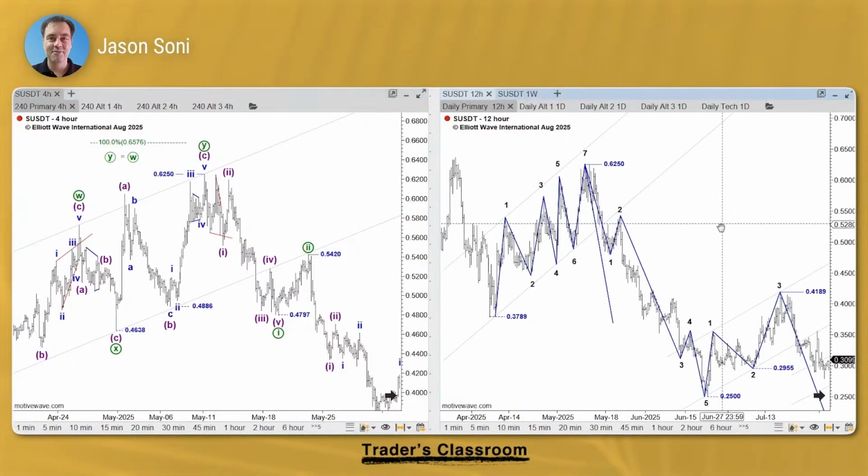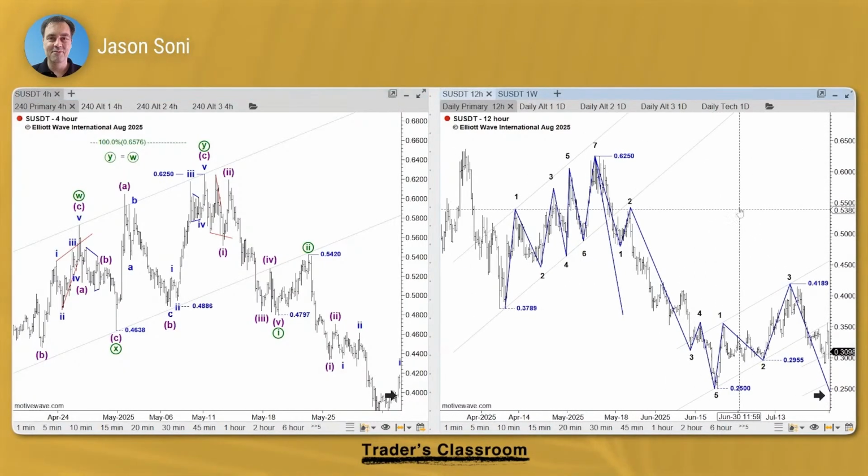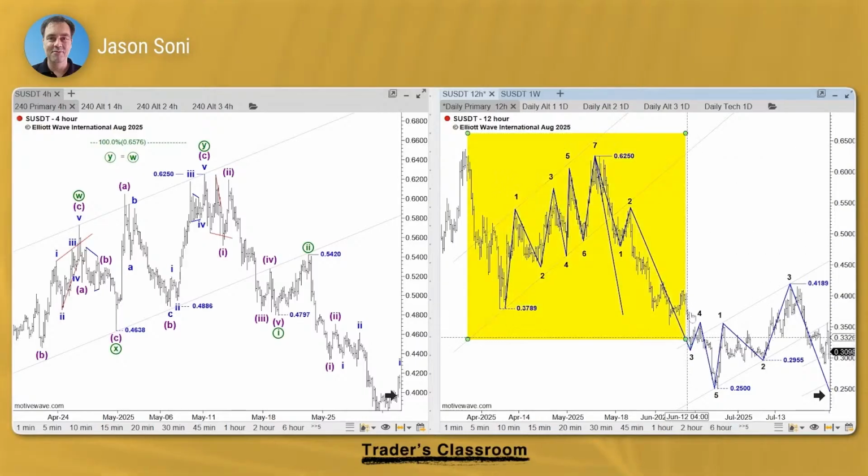So the first section of price action that I want to highlight and look at in more detail is this move here from 37.89 into 62.50. Whenever I'm evaluating a section of price action, one of the things I like to look for is, am I seeing overlapping price action?